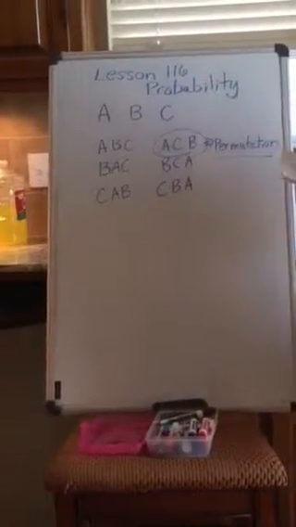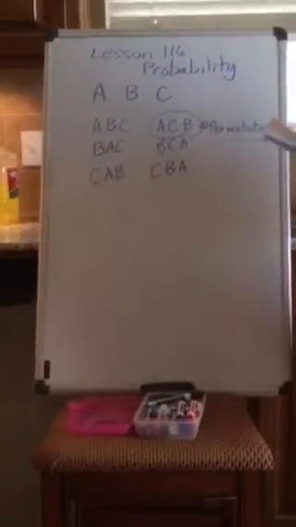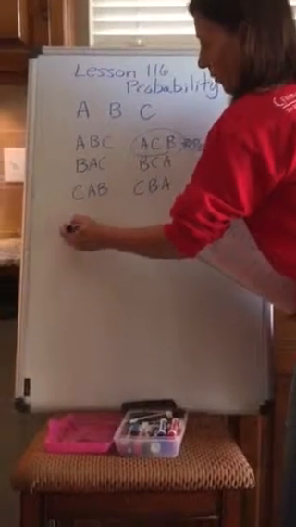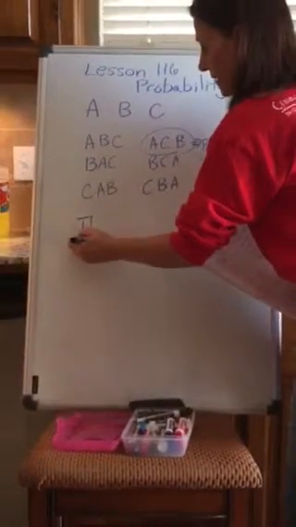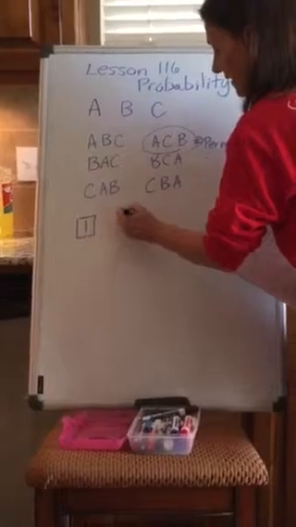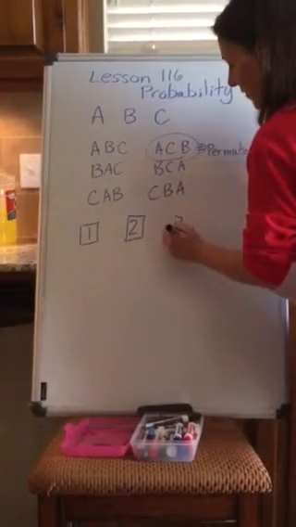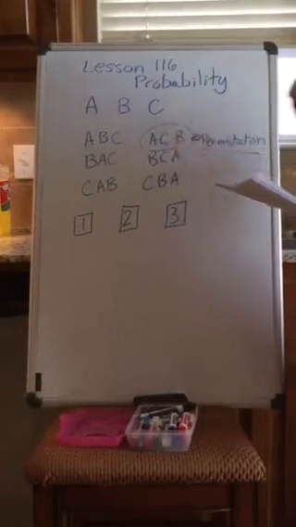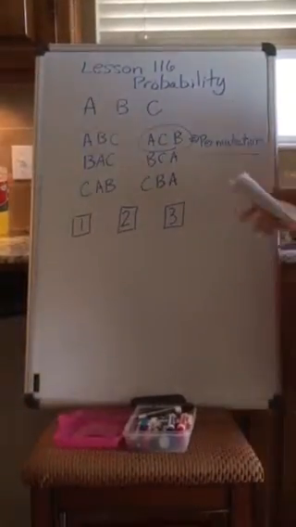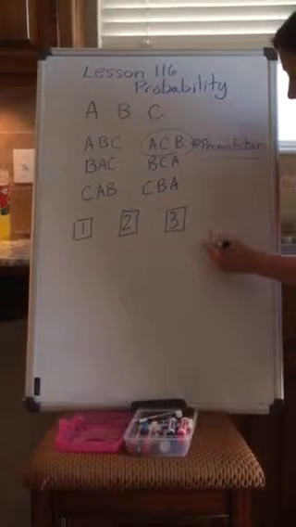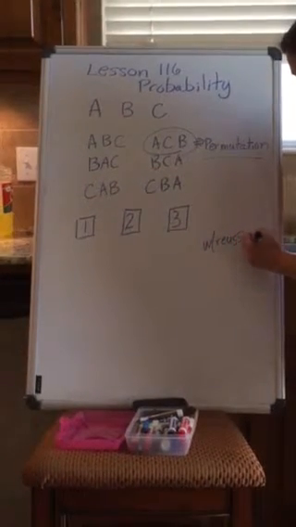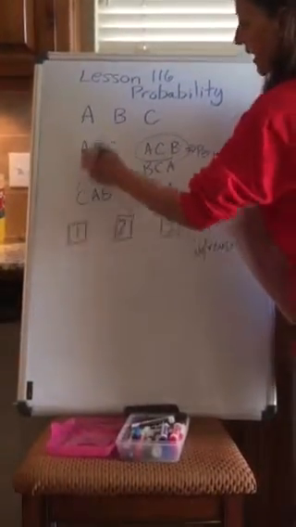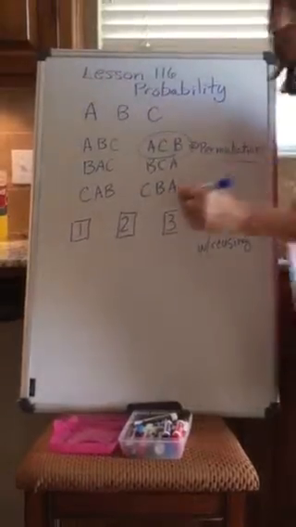Now, when we look at how many permutations there can be, I'm looking at the first letter, then the second letter, and then the third letter, because we have 3 letters and we want to arrange them in sets of 3. Without reusing the letters, when I choose the first letter, I have 3 letters to choose from.